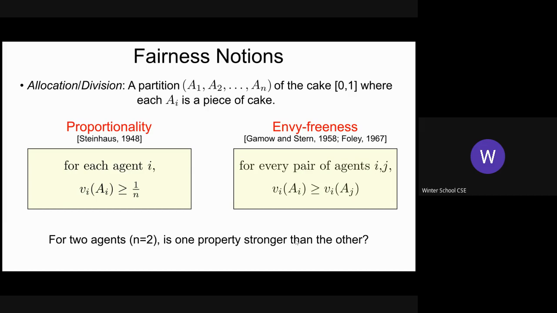But as soon as it's a value of at least half, my proportionality threshold has been reached. By the same argument, agent j's proportionality is also reached for its piece, because j does not envy me either. Good. So envy-free implies proportional for two agents.